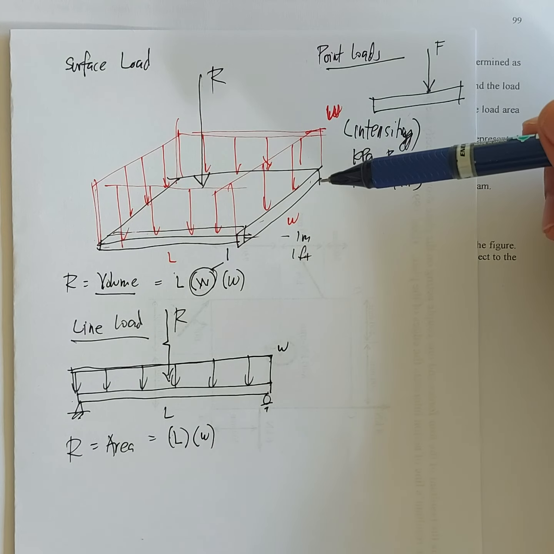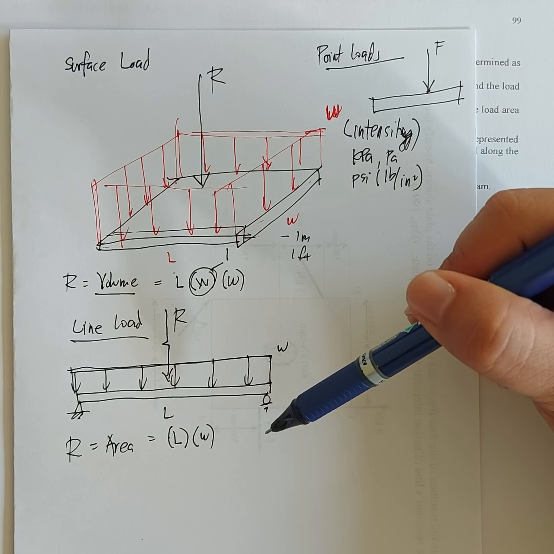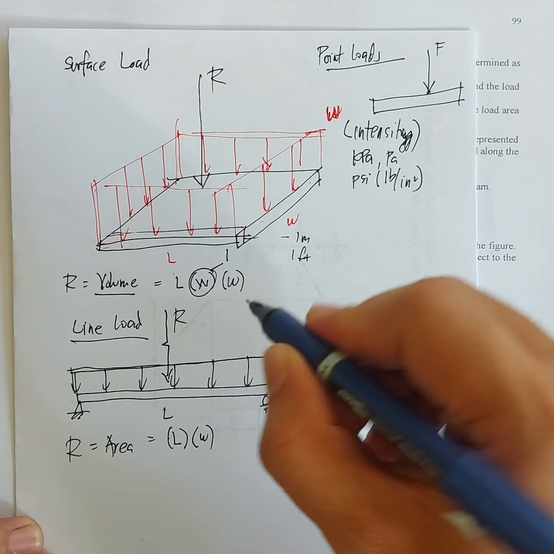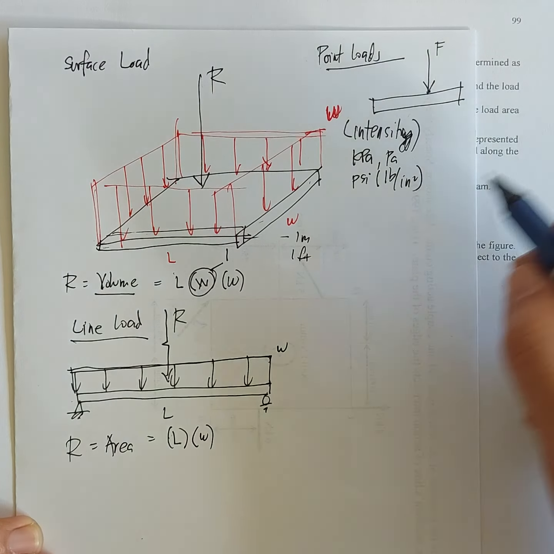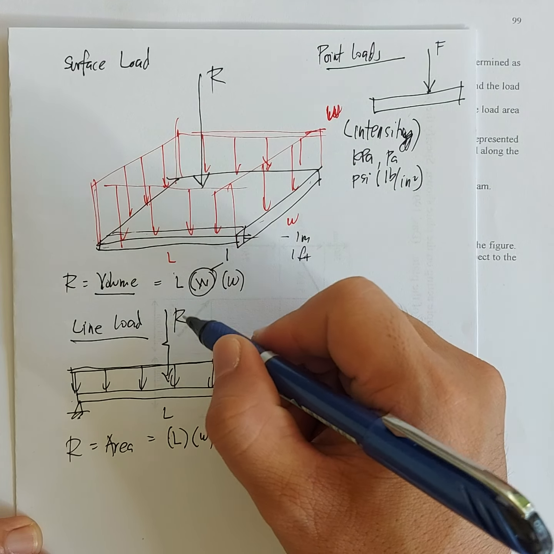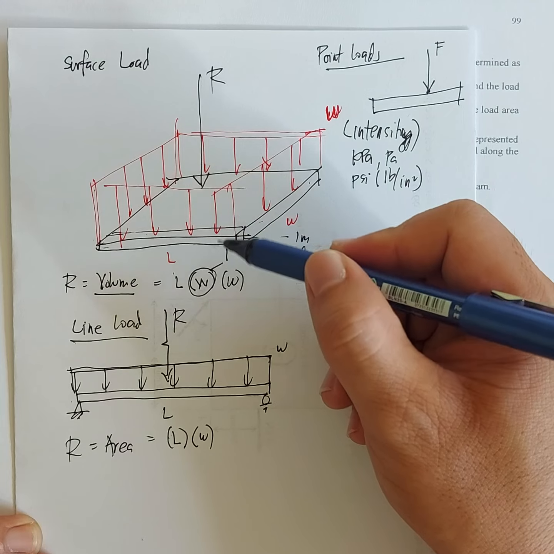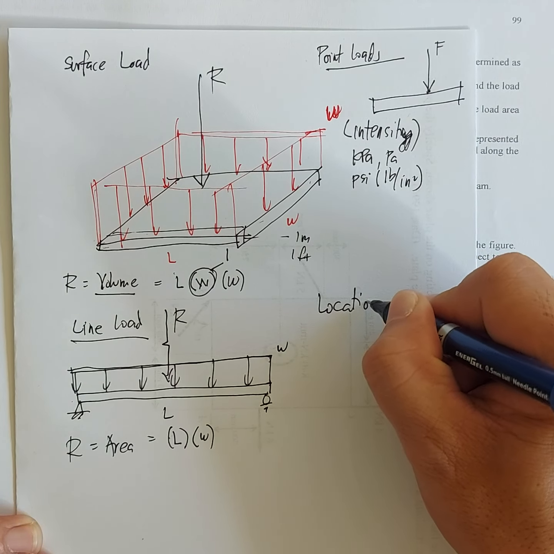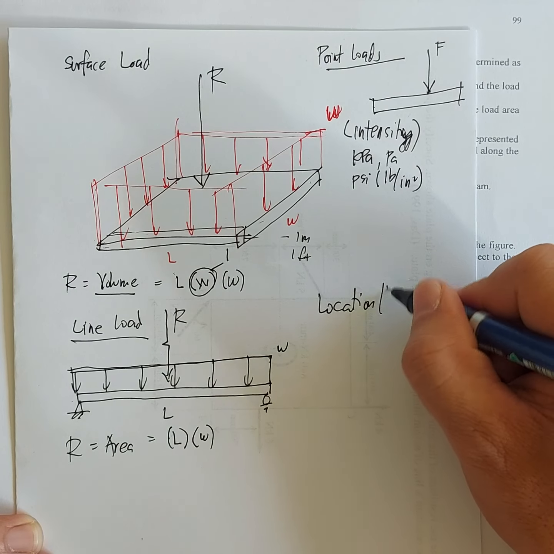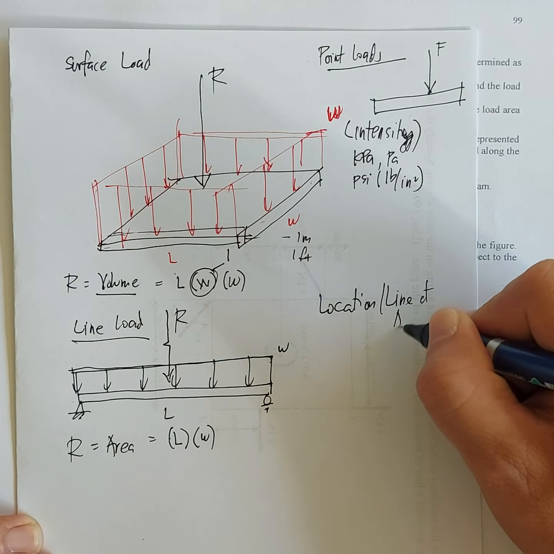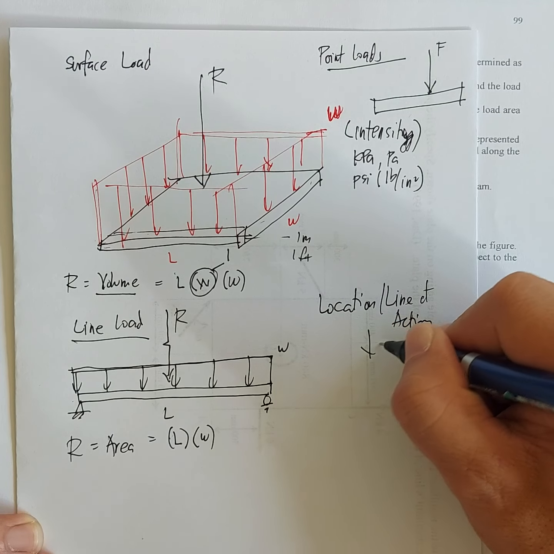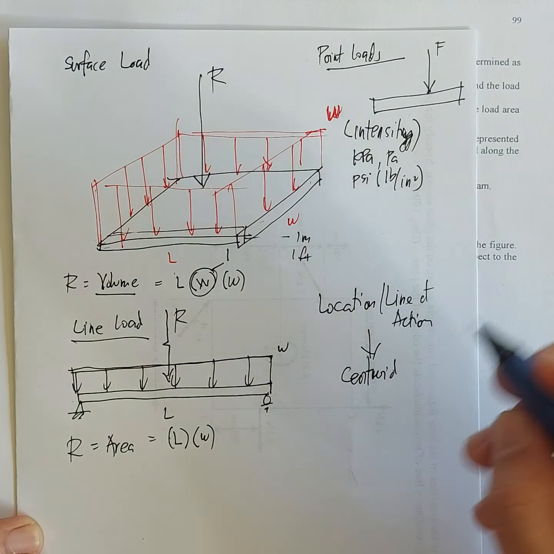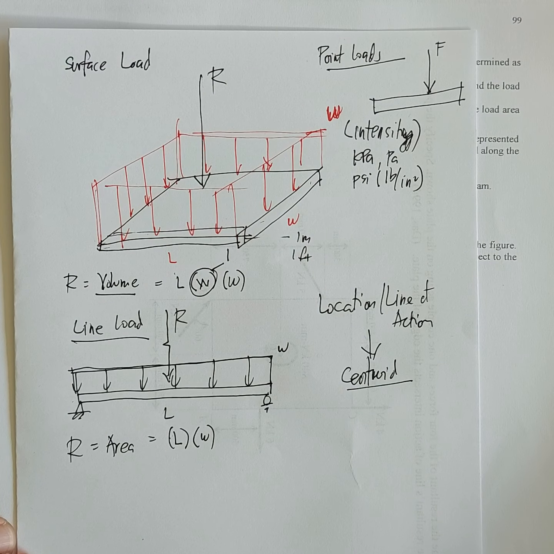So for surface load, volume. For line load naman is the area. Now, saan naman yung location ng resultant? The location of the resultant, or line of action, for both surface load and line load is the centroid of the area or volume.